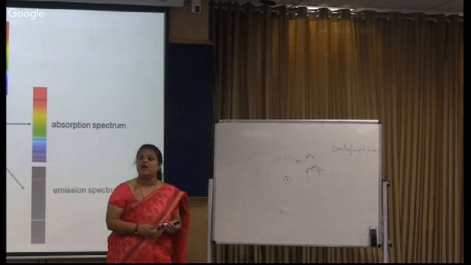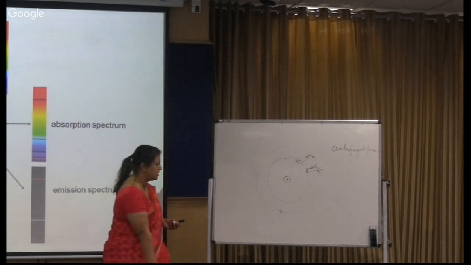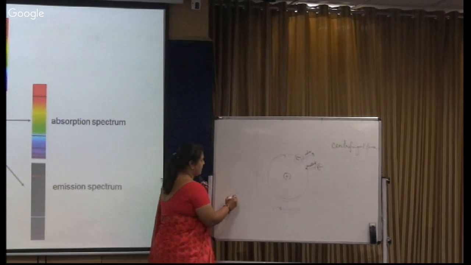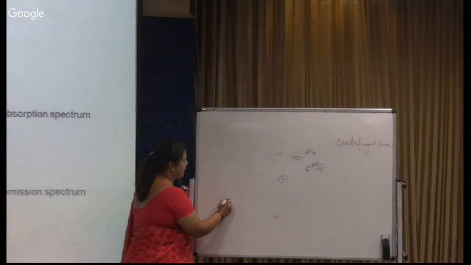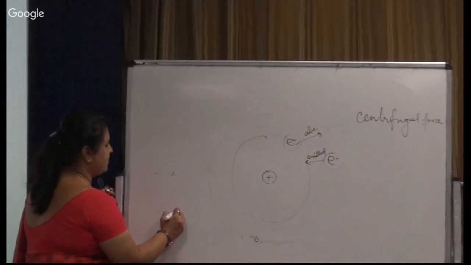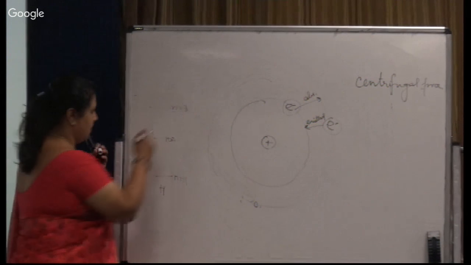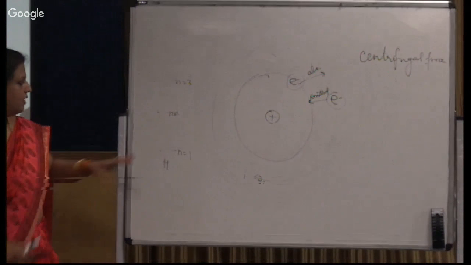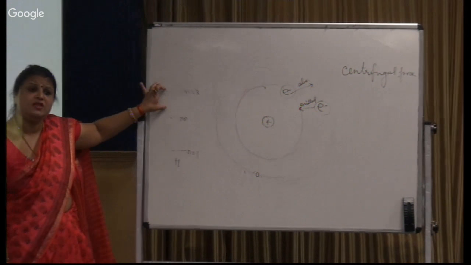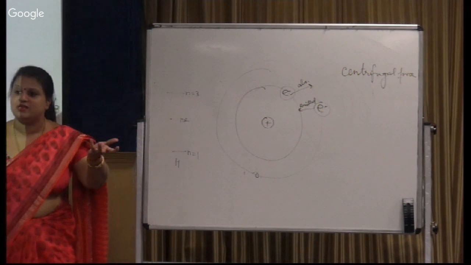Now, the reason why different elements have different spectra, and why the spectra is known as the fingerprint of different elements, is a very basic and logical reason. Say, for example, in the hydrogen atom, we have various shells placed like this: n equal to 1, n equal to 2, n equal to 3. The energy gap between these shells is different for different elements.